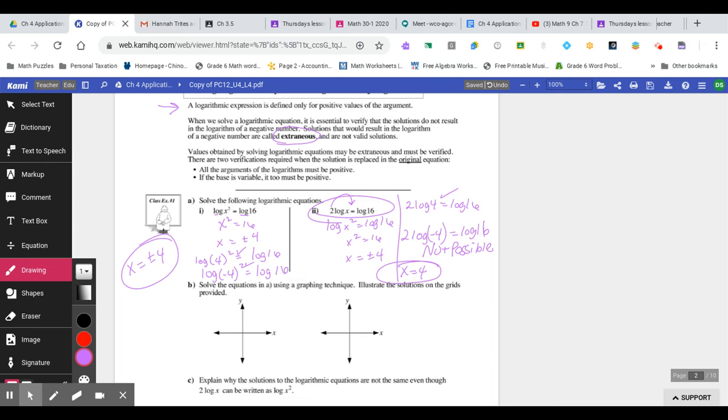Okay. Now, if we're to do it using a graphing technique, I don't know if your book has that or not. You could put one into the other. If I type in log of x squared and graph it, I get this funny looking shape that looks like this.